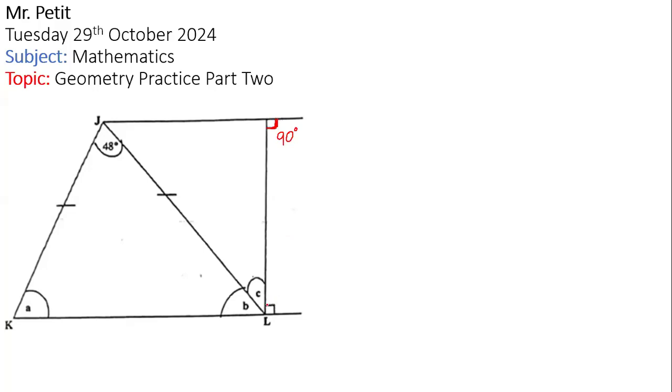How many degrees is this one? 90 degrees. How do you know it's 90 degrees? The square box. The box shows that it's 90 degrees.